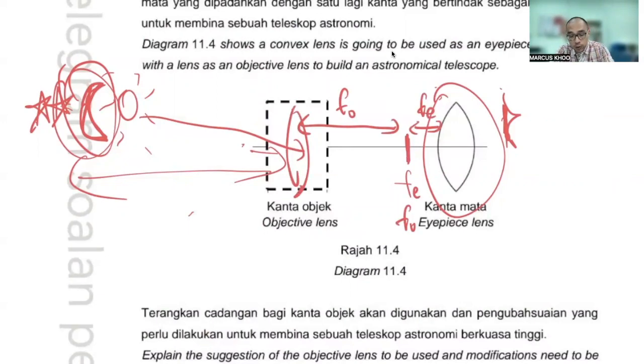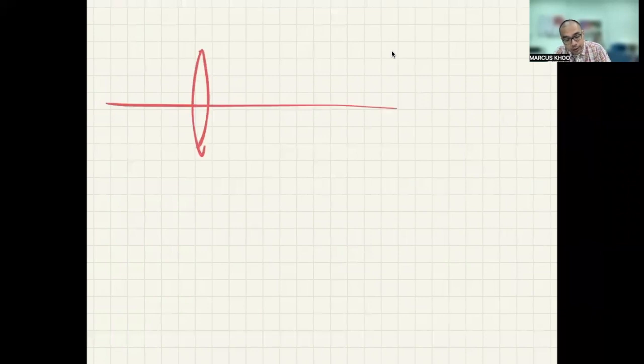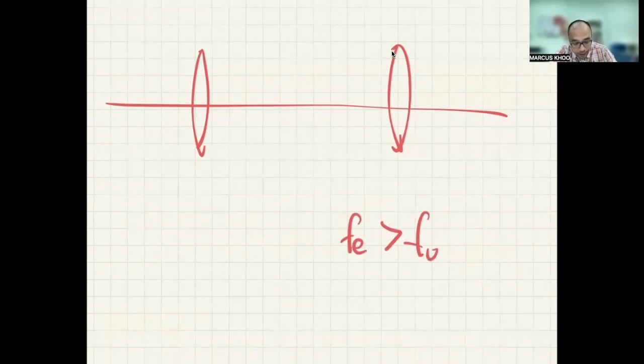As opposed to the microscope. Microscope is like this, right? In the microscope, FE is bigger than FO. Having said that, the distance between the two lenses is bigger than FO plus FE.